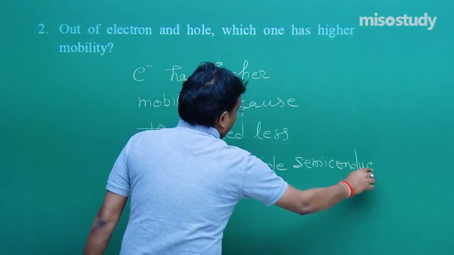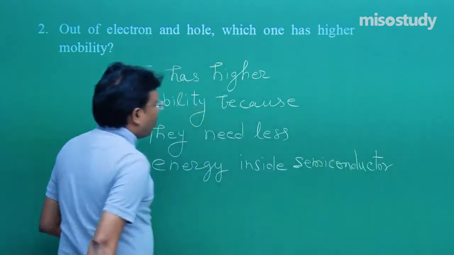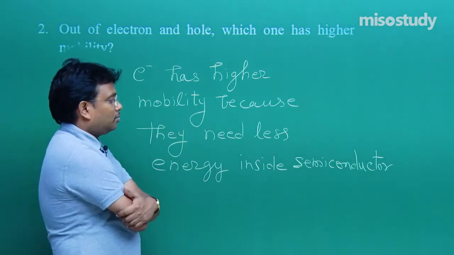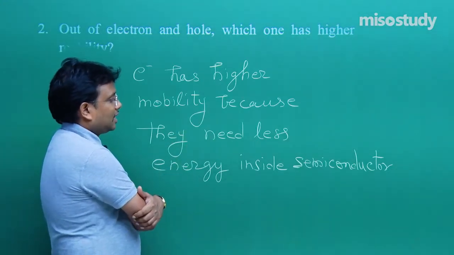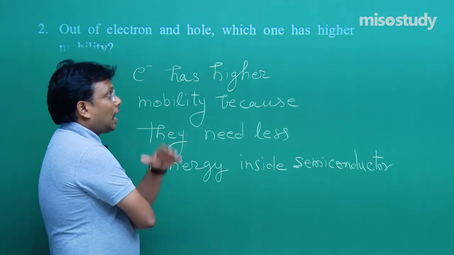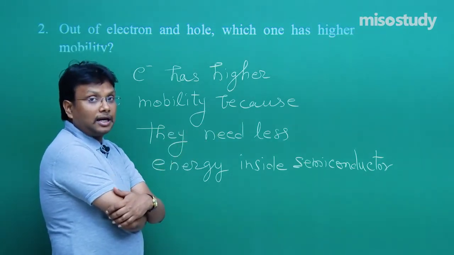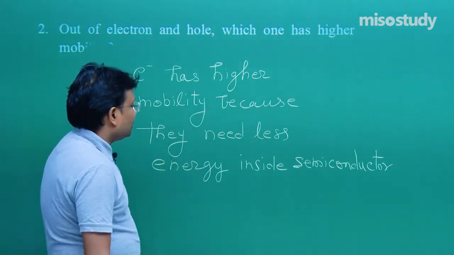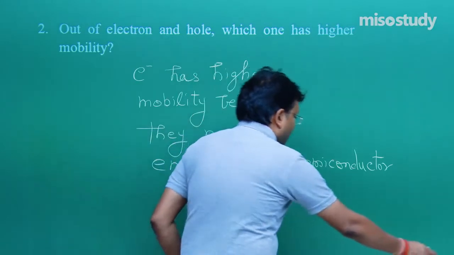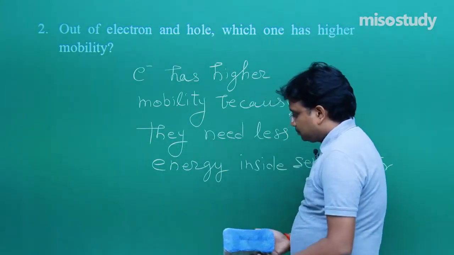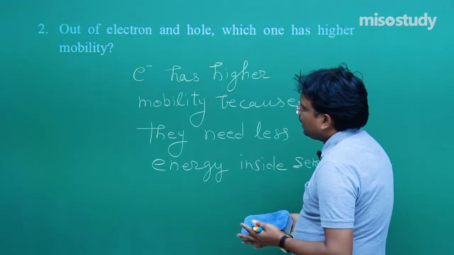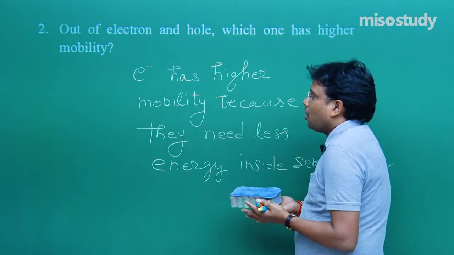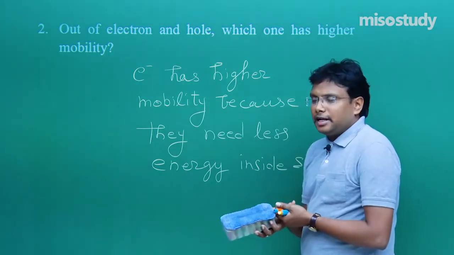Okay. Now, one more question, it is an offer. Today I am going to give you an offer for each question. One more question that can be asked like this, which out of electrons and holes for a semiconductor requires less amount of energy. So, the answer should be that this electron requires less amount of energy. Fine. It is like that, why does the electron require less amount of energy?